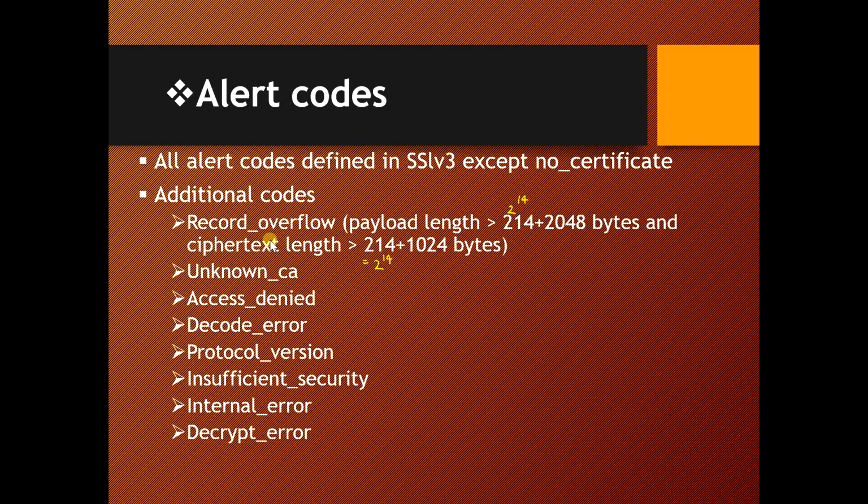Here a handshake cryptographic operation failed, including being unable to verify a signature, decrypt a key exchange message, or validate a finished message. Then the remaining alerts include user cancelled, which will be received when the handshake is being cancelled for some reason unrelated to a protocol failure.